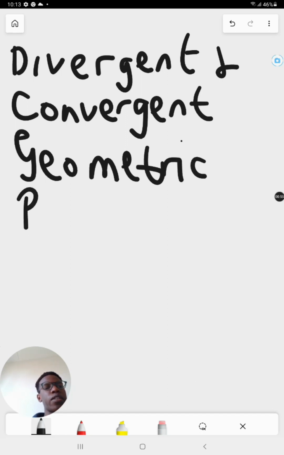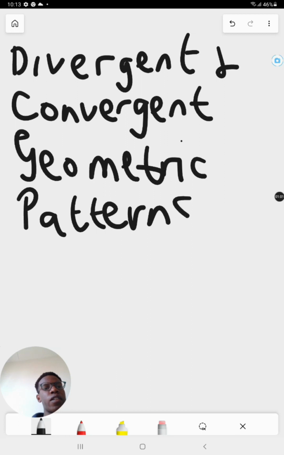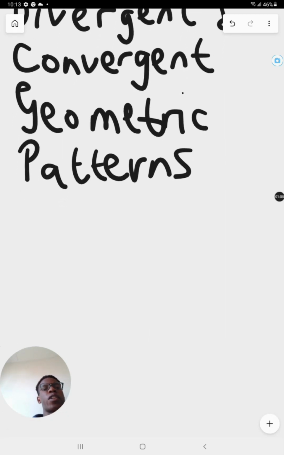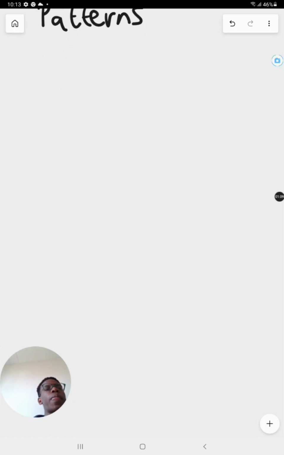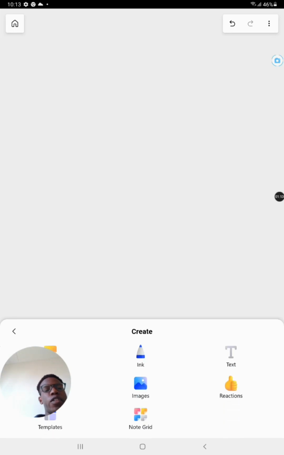I'm just going to say pattern. We're talking about sequences and series here. Divergent and convergent geometric patterns. Now, what does that mean? Let's start off with divergent series first, or divergent pattern first.